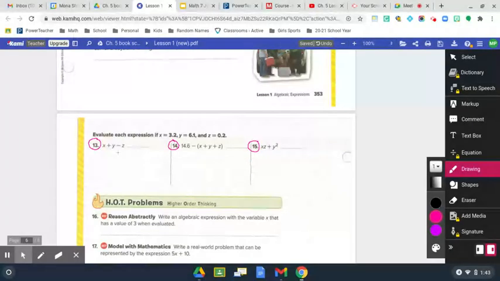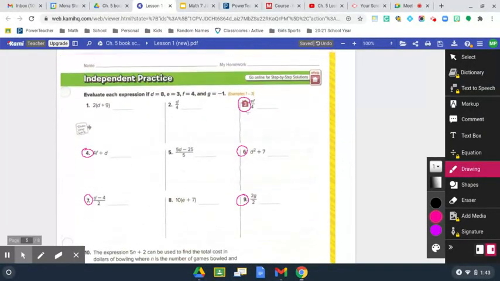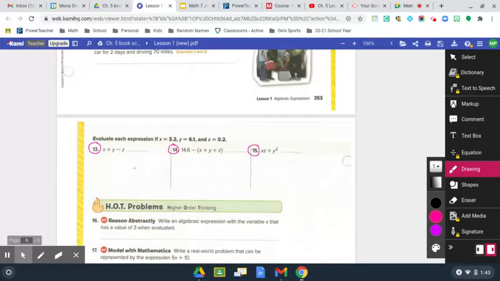And even in the problems themselves for 13, 14, and 15, these are all positive values. So if you'd like the challenge, try these. I will also provide an answer key for these. So again, you'll pause the video, try them, check your answers, okay? So the ones for sure that you should be working on are the ones in independent practice that we just circled. And if you want that challenge, you're going to come down here and do these 3. I will show answers for all at the end of this video.